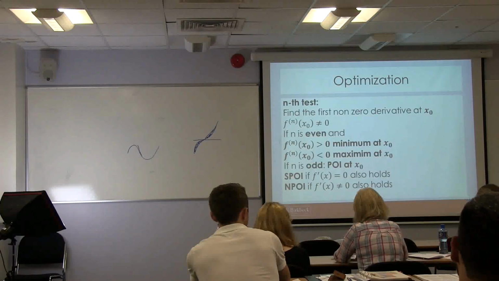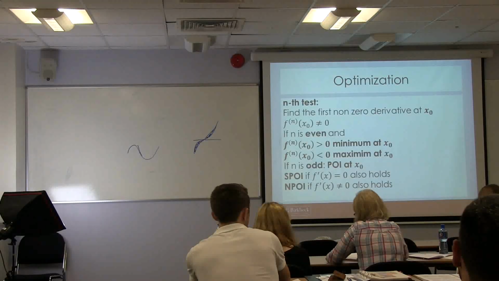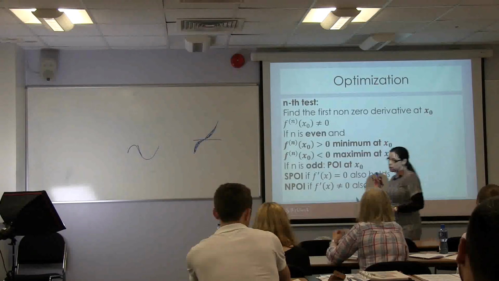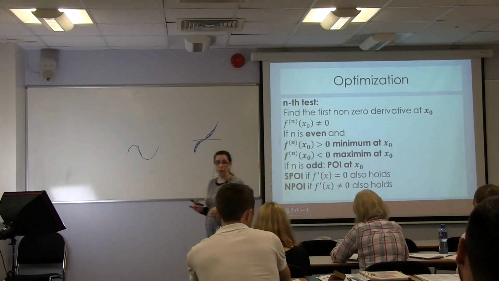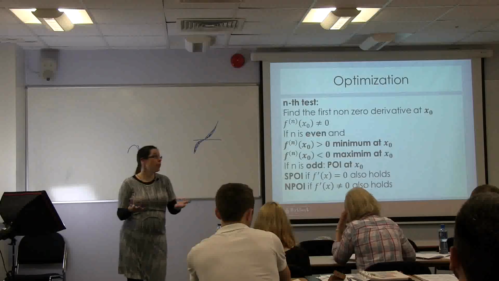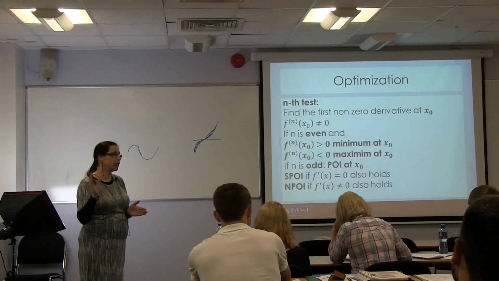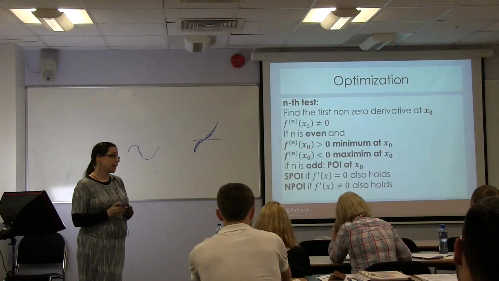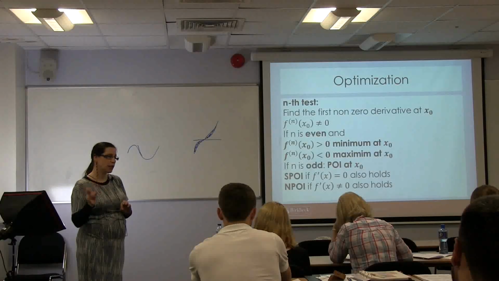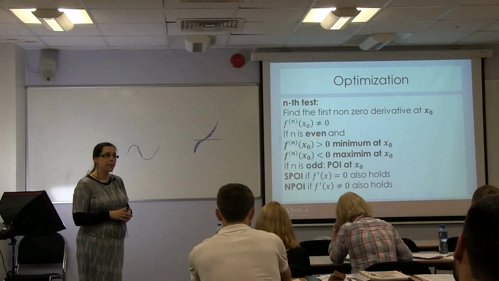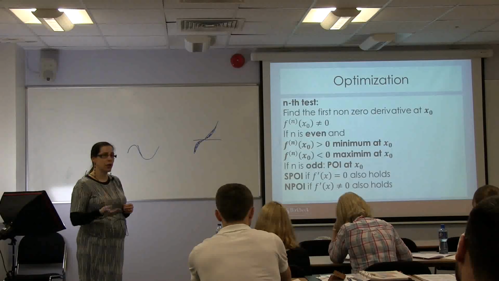So you need to check where the second order derivative is 0. Will that give you any new points? And if it does, I need to check if the third order derivative is 0 or not at that particular point. If the third order derivative is not 0 there, which is most likely the case, then I found the non-stationary point of inflection.